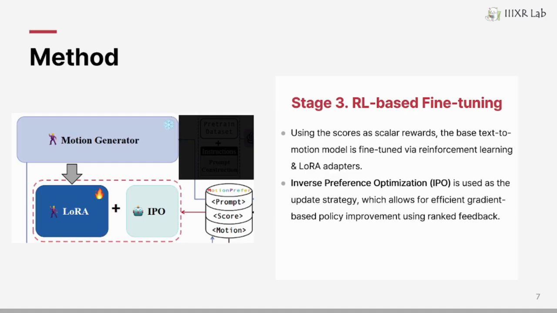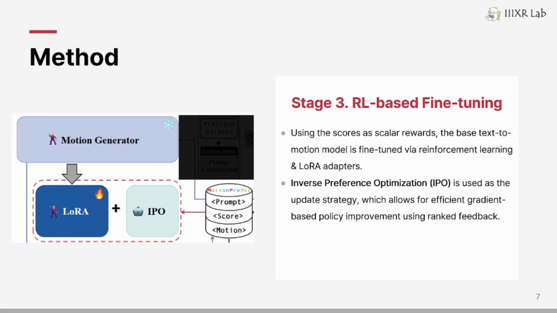An important detail here is that the base model is not trained from scratch. It is a strong pre-trained generator, and Atom fine-tunes it using relatively lightweight methods like LoRA adapters combined with reinforcement updates. This makes the training efficient while still yielding significant improvements.